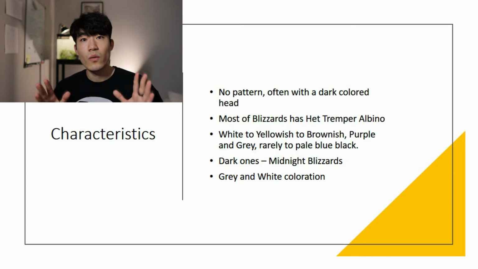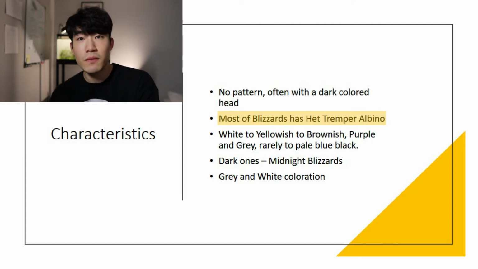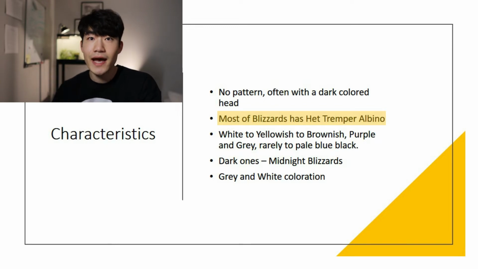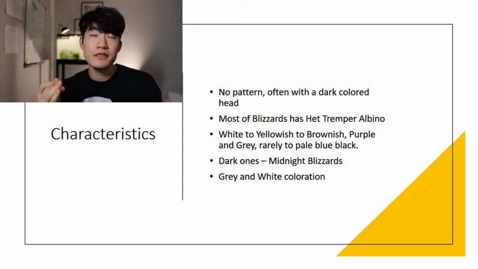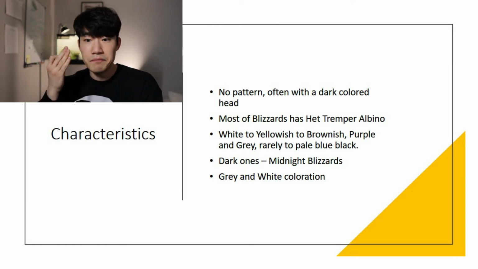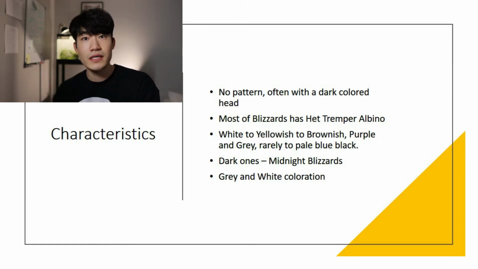And also one other thing, this is the important part. Most of the Blizzards that you see in the market technically have a Tremper albino. It's really hard to find pure genetics nowadays. For example, WY tangerines are a little bit easy, but still hard. And pure snow, all those things have some combinations to it.